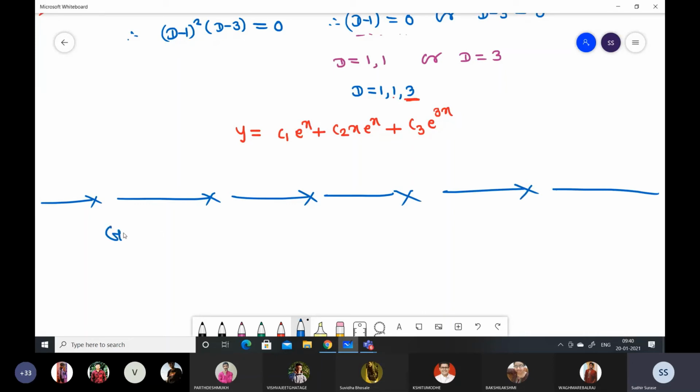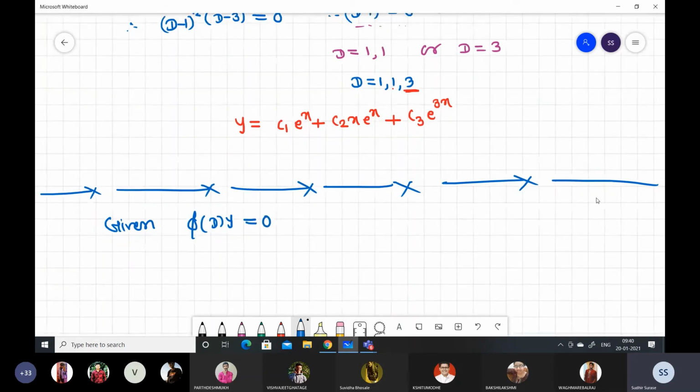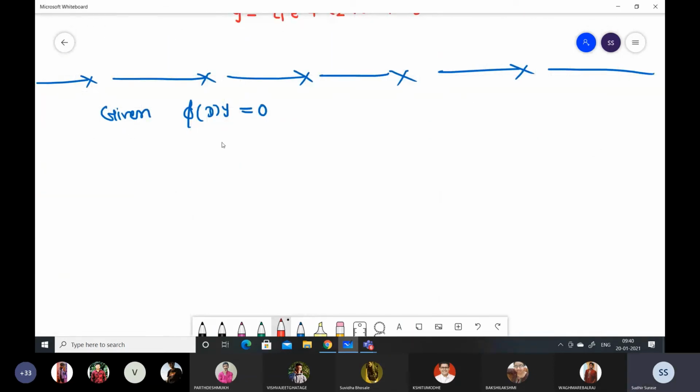So given differential equation phi of D times y is equal to 0, we are looking for the solution of this kind of differential equation.